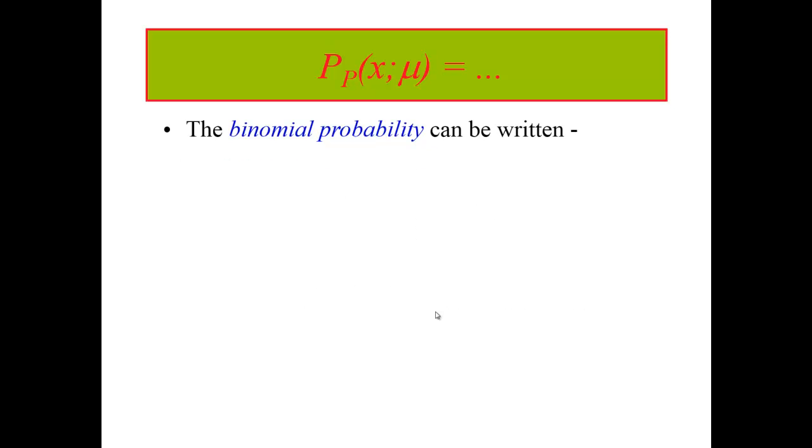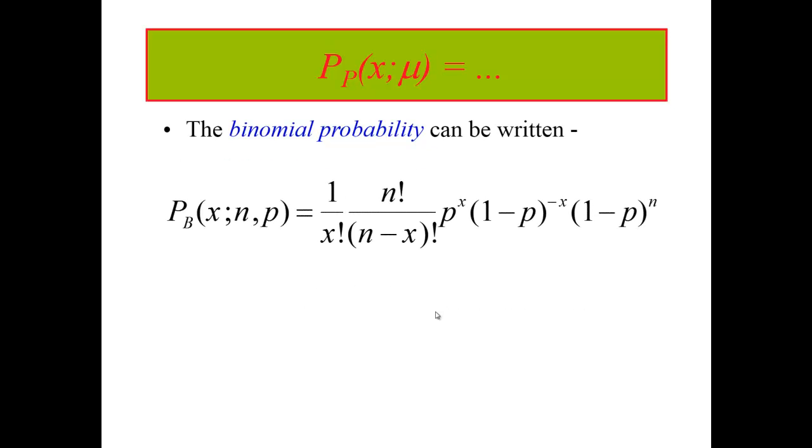We'll start with the binomial probability in the same form that we showed in our previous set of slides, where the first term out in front is the number of combinations, ways of getting x successes out of n trials. And then p is the probability for success in a single trial. 1 minus p is the probability for failure in a single trial.